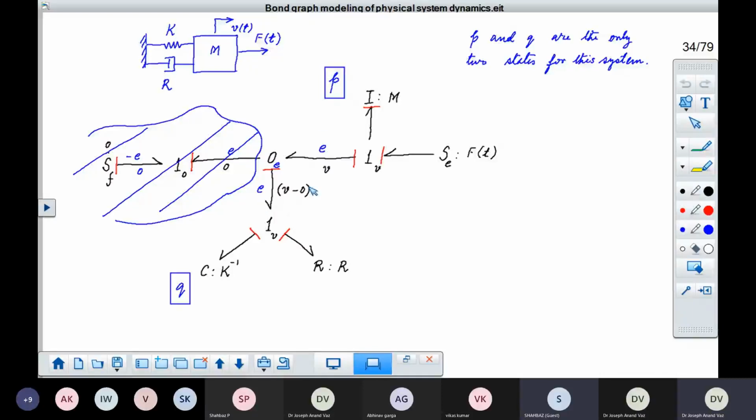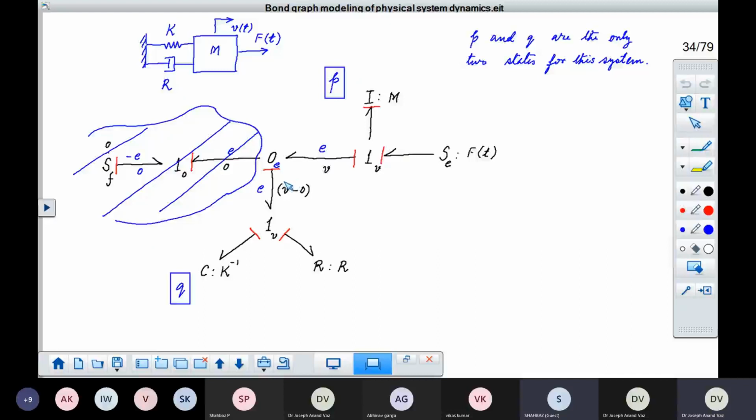Now, if you see the power that is coming in, here you have E into V, here you have E into V, and here you have E into 0. So you find that there is no power going from this direction, from this bond. So whatever power comes in is the same as the power going here.